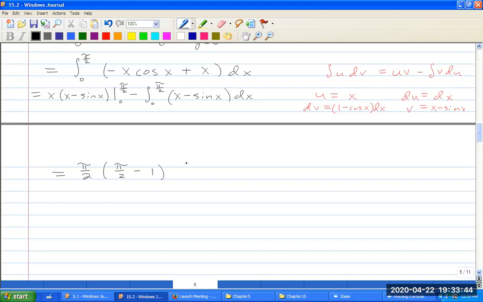Plug in 0, you get 0. Minus, well, let's integrate this. So this is going to be 1/2 x squared plus cosine x between 0 and pi over 2.